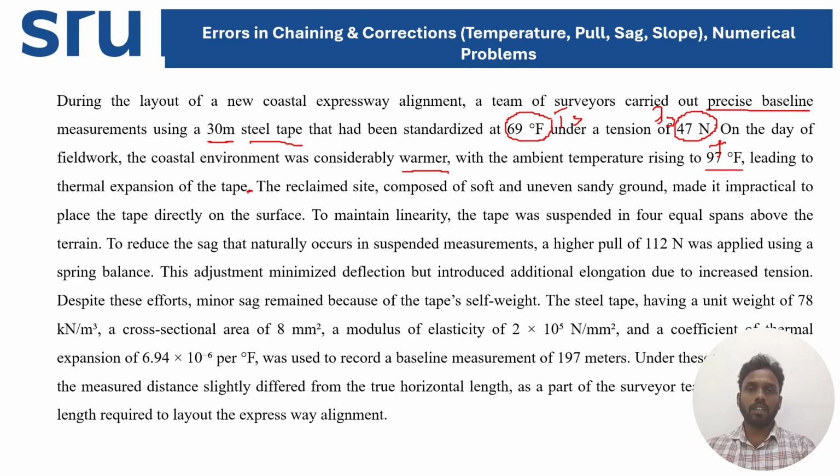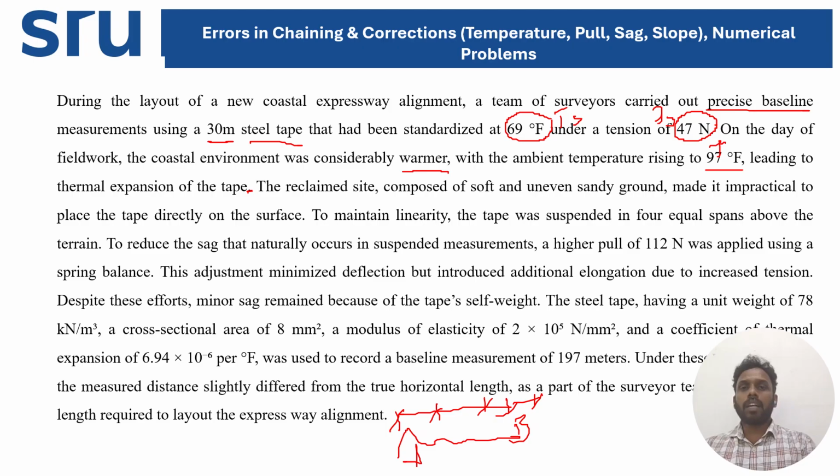So the surface is not flat, it has undulations like this. You have to lift the tape up to measure the distance between point A and point B. To maintain linearity, the tape was suspended in four equal spans: 1, 2, 3, 4 equal spans.